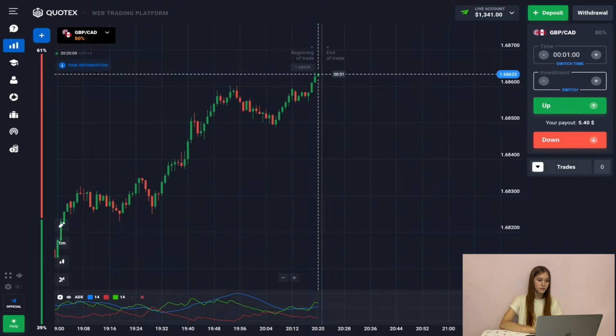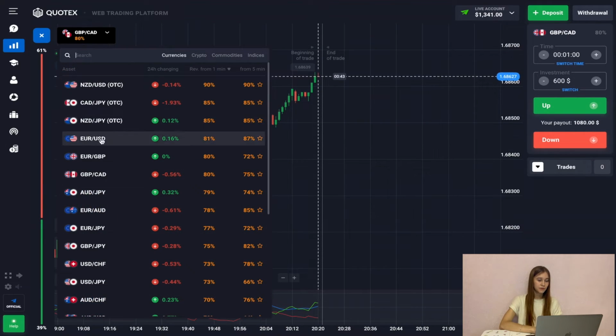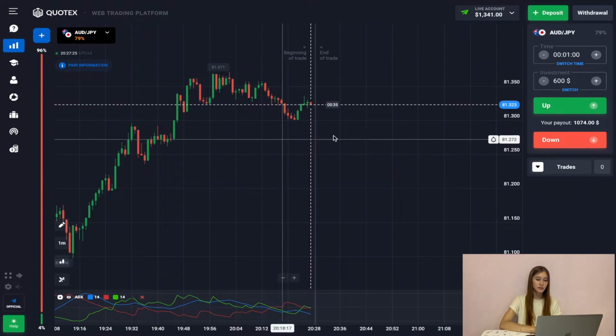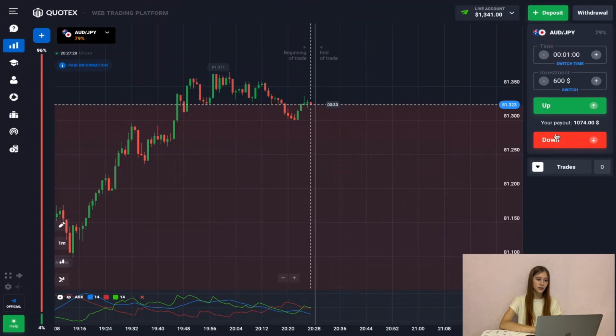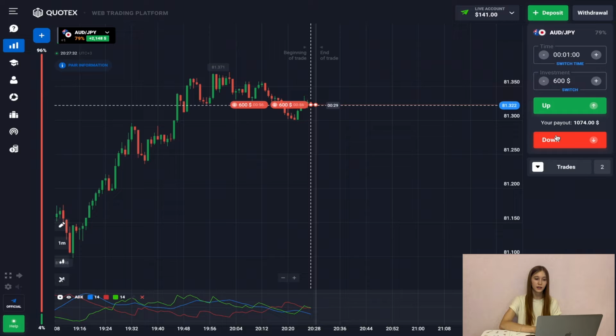Let's choose the amount of 600. Choose a currency pair. As we see, these strategies work fine for us, so here we can open our double trade to reduce the price.